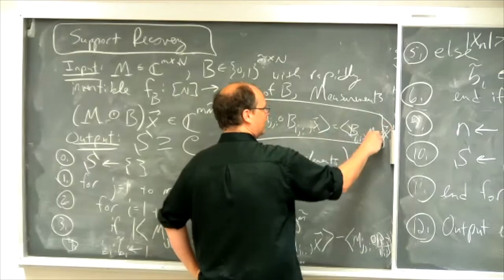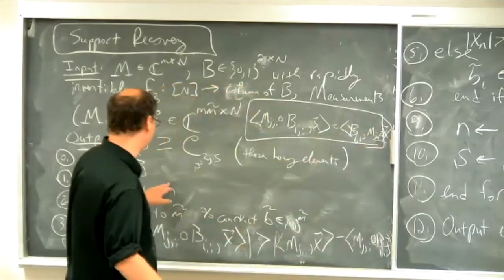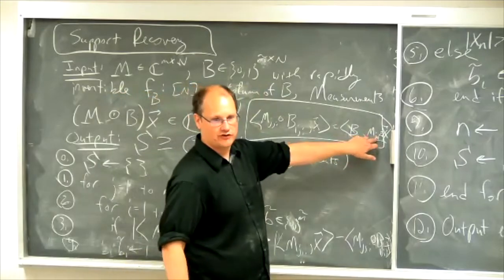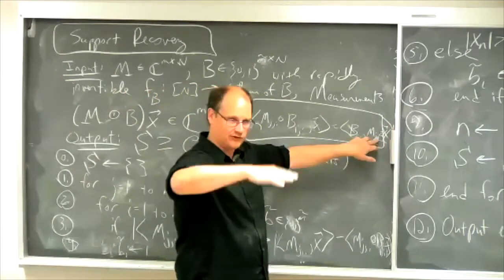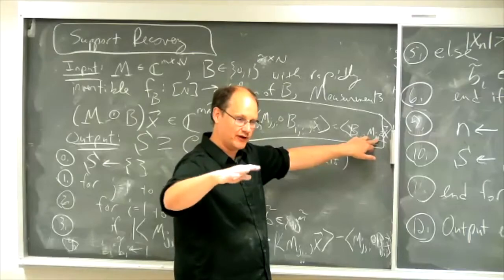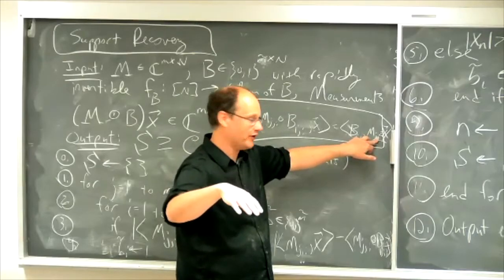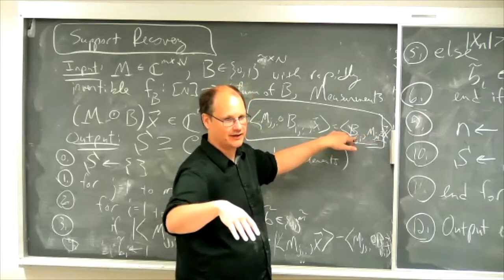The proper way to think about what's happening in here is that for each choice of j, I have a screened version of x. I've basically allowed myself to zero out a bunch of entries of x. I've decimated it, and then I'm bit testing that.